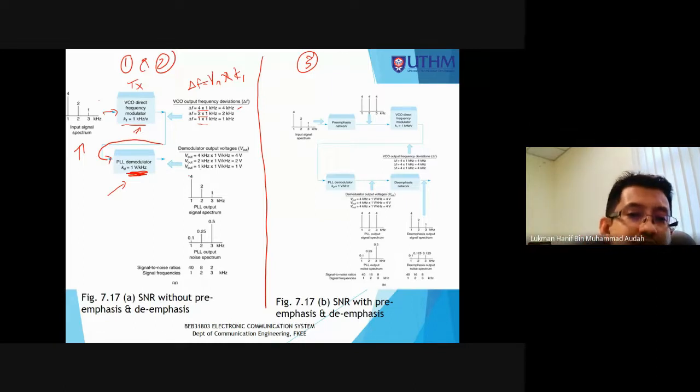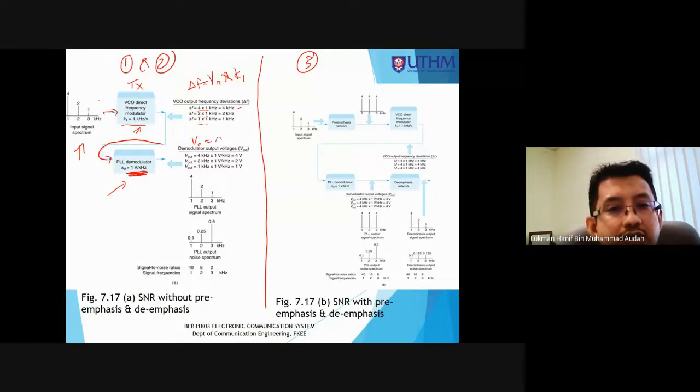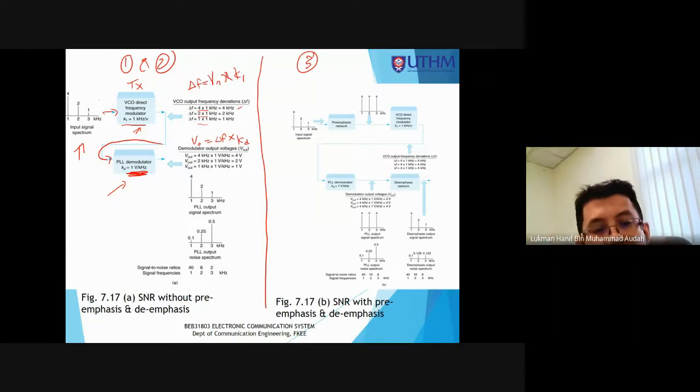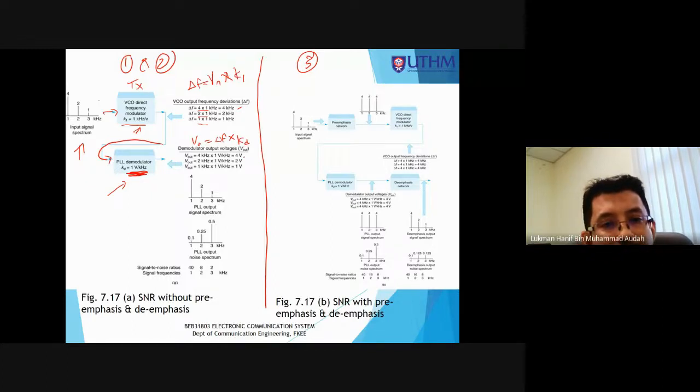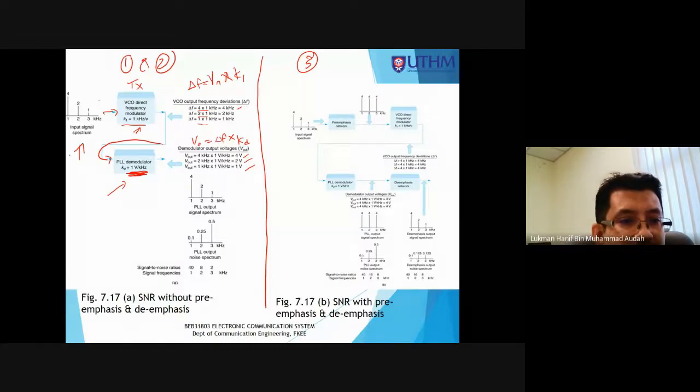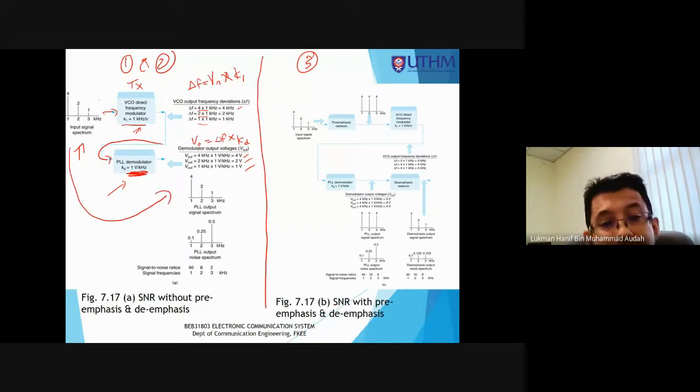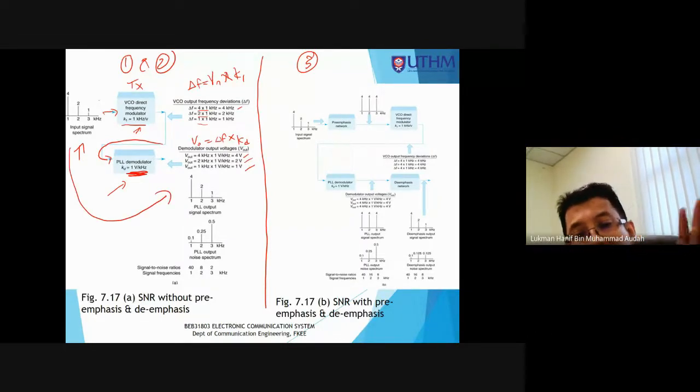So Vout is equal to delta F multiplied with KD. We have 3 delta F multiplied with KD, so we're going to get output 4 volt, 2 volt, and 1 volt. So this is similar to the input. The receiver needs to recover the original signal.